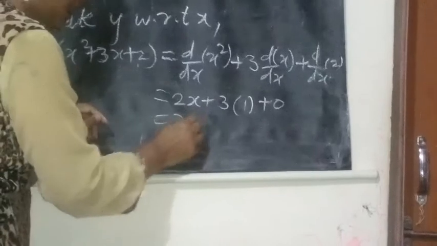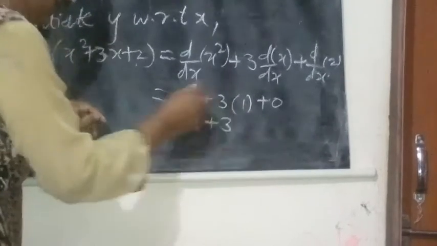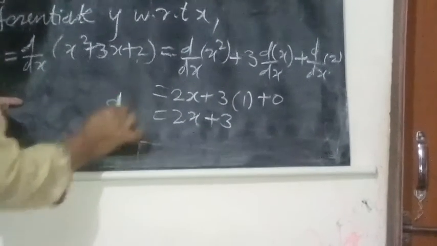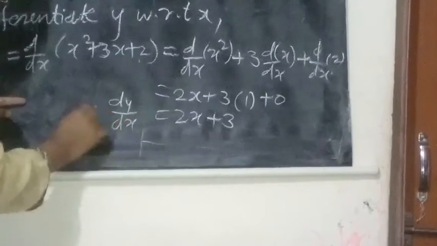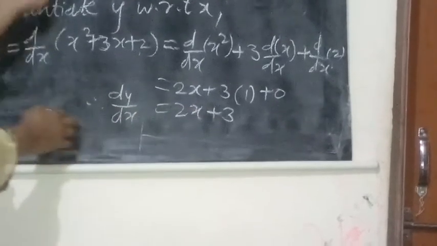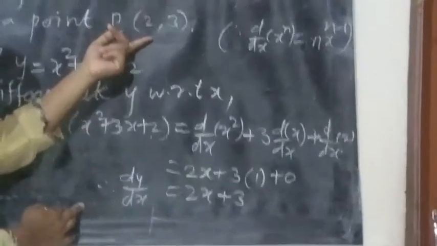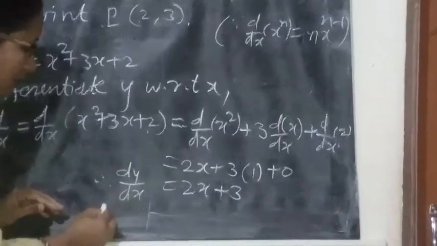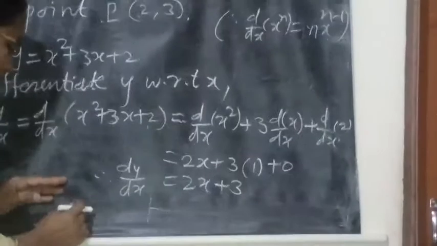Therefore 2x plus 3 into 1, that is 3, and here we got dy by dx is equal to 2x plus 3. But here a point is given with coordinates 2 and 3. Therefore at this point we have to find the value.